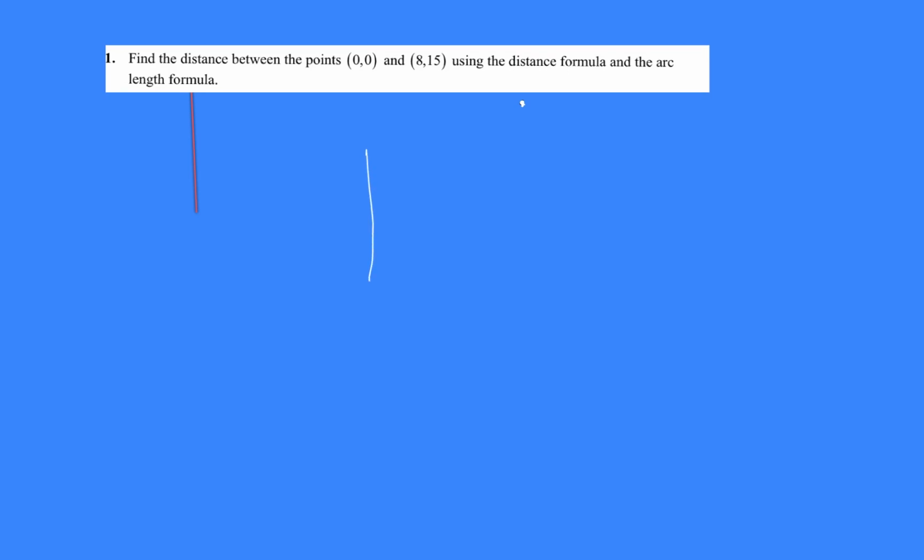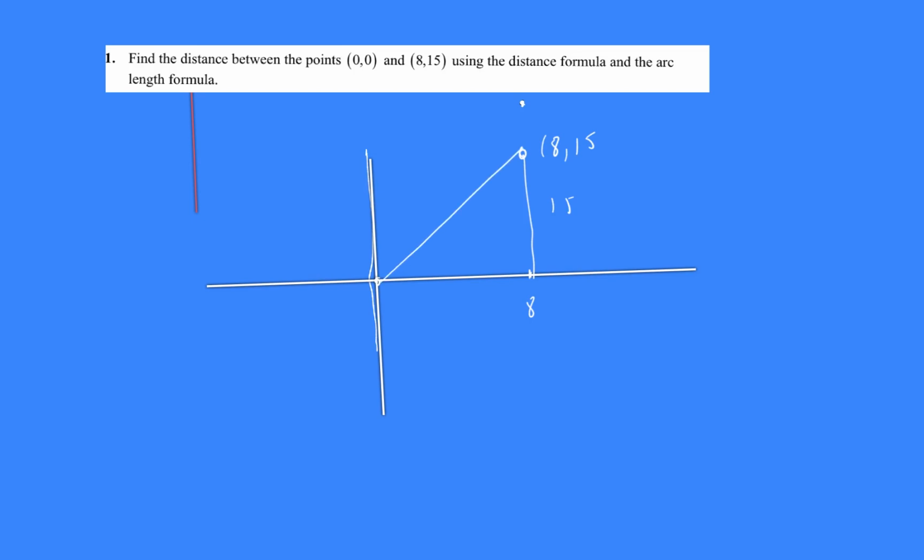So it says check the formula for the arc length and test it between the points 0, 0 and 8, 15. Before testing the formula, this is the point 8, 15.